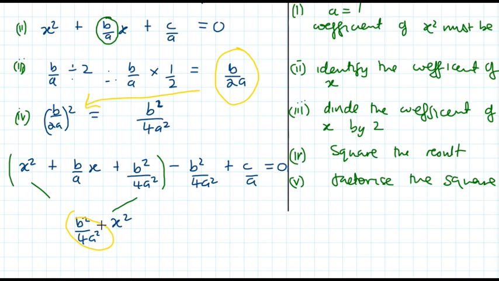Okay, so which means b over 2a meets our condition, because if you add b over 2a and b over 2a, they give you b over a, because we simply divided here.